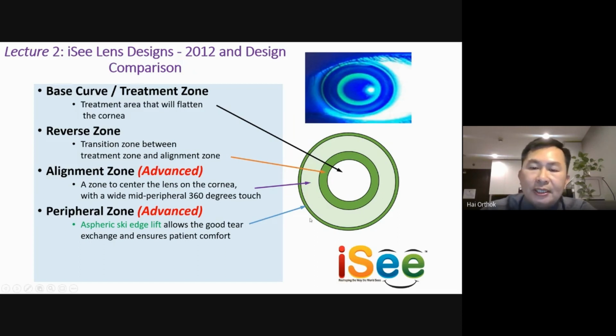More importantly, in 2012, we increased the peripheral to 0.6 millimeter, and because of that, we continue to supply more tear and evenly divide on the cornea, and it is helpful for high myopia treatment with the IC lens.